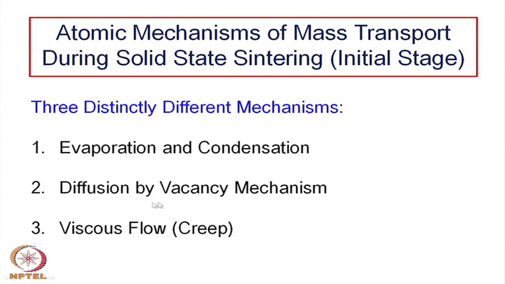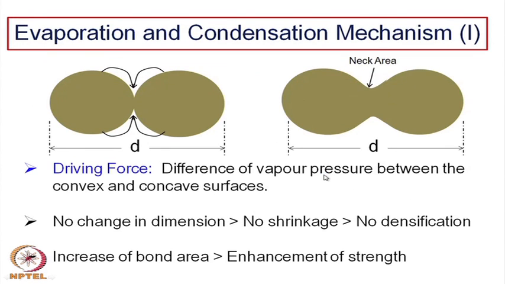Our main discussion will be on these two, what exactly happens on the atomistic scale by these mechanisms. To start with, we will first take up the evaporation condensation mechanism, what exactly takes place at the atomic level, how the mass gets transported, and what phenomena take place.